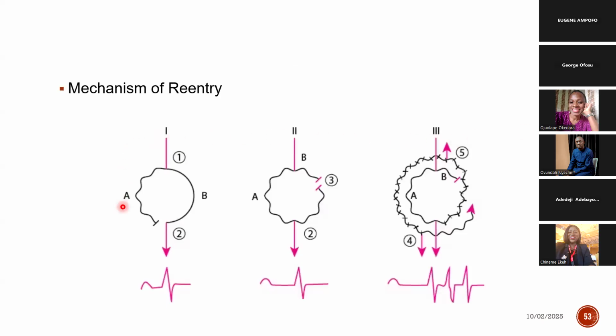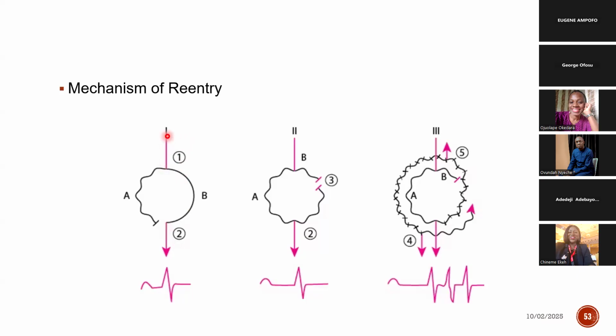So we'll use this cartoon to explain how the re-entry happens. This will be like a revision because this was done yesterday. We'll consider A and B as two different pathways. The A pathway is the slow pathway, and the B will be the fast or the normal pathway.